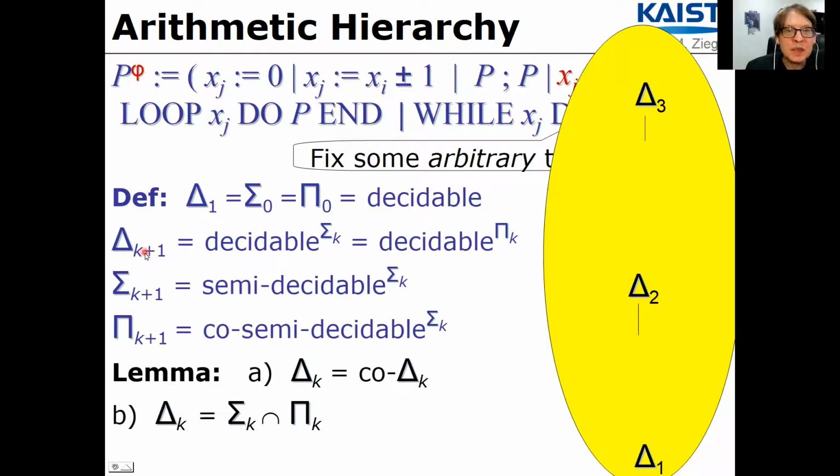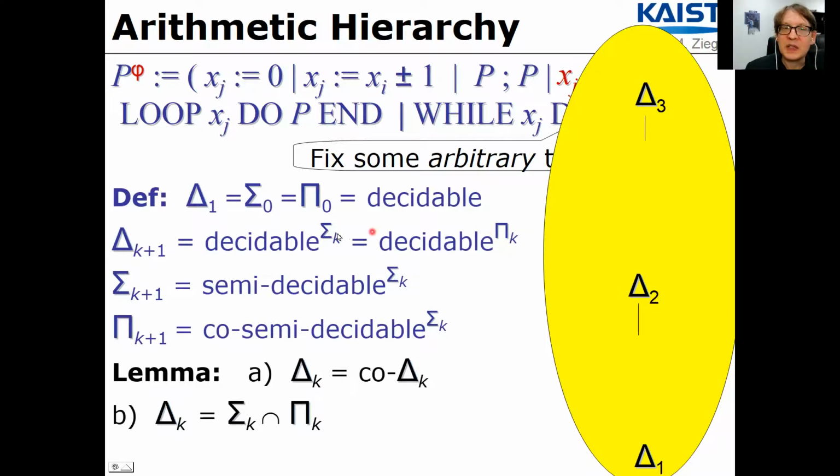And what is delta 1? Well, we already know delta 1. We've seen that this is consistent with that. But what is delta 2? Delta 2 now means it's a problem that is decidable with oracle access to sigma 1 or oracle access to pi 1, right?